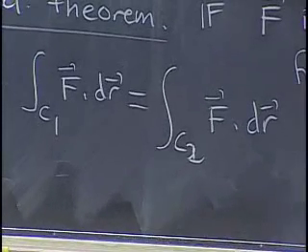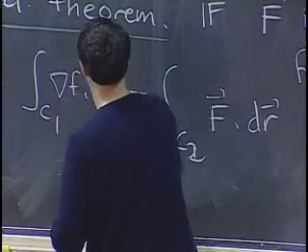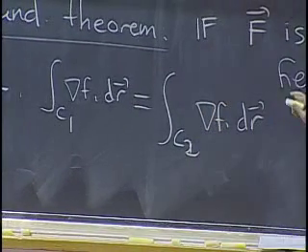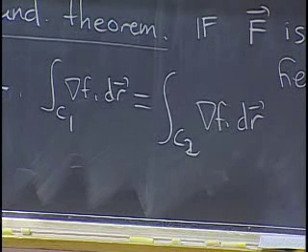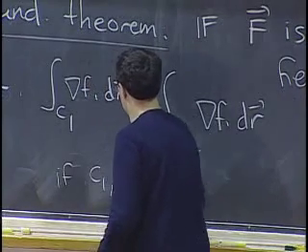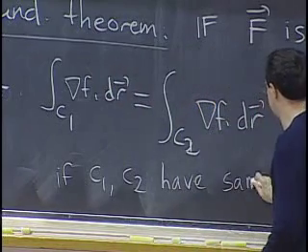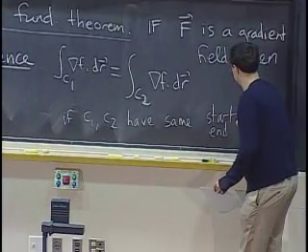Actually, let me insist that this is only for gradient fields by putting gradient f in here, just so you don't get tempted to ever use this for a field that's not a gradient field. If C1 and C2 have the same start and end points.